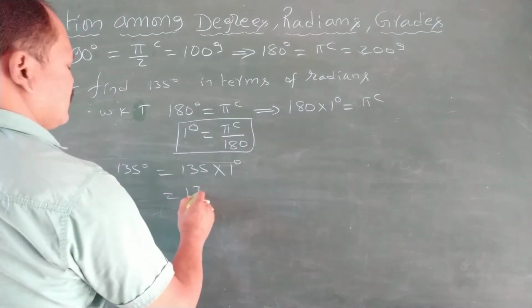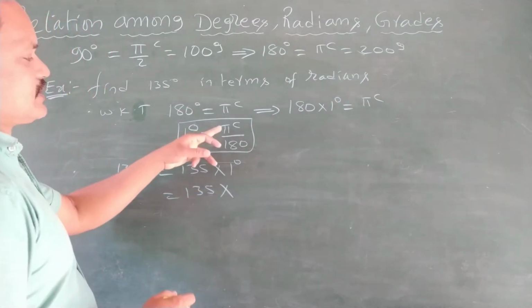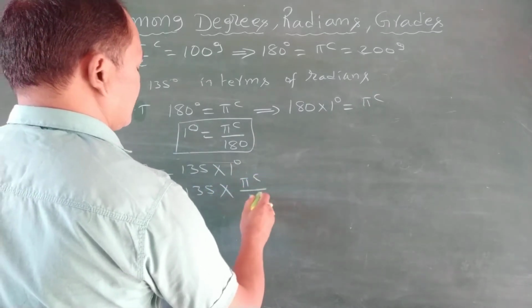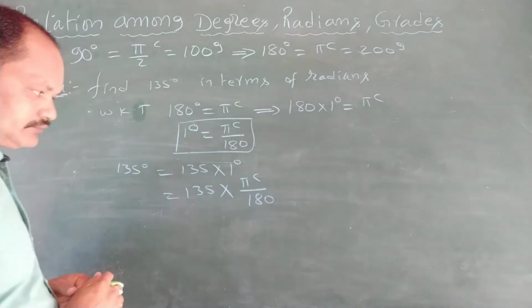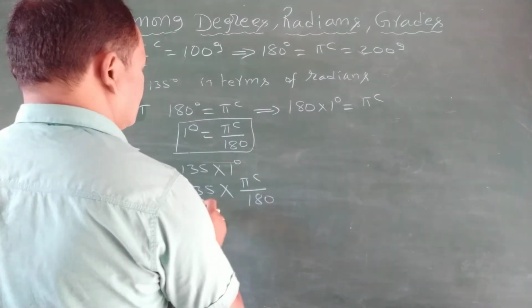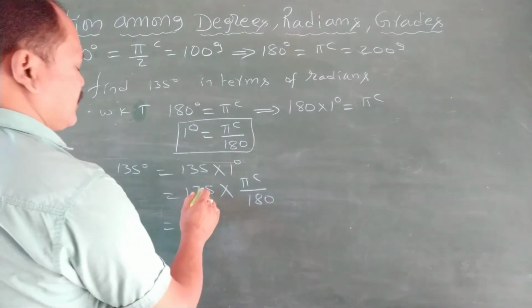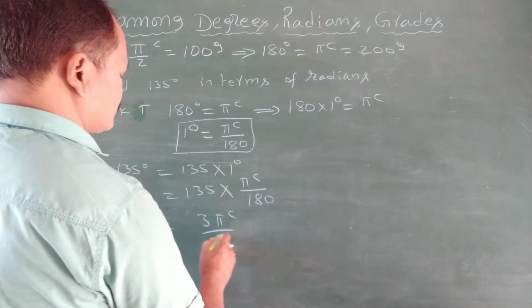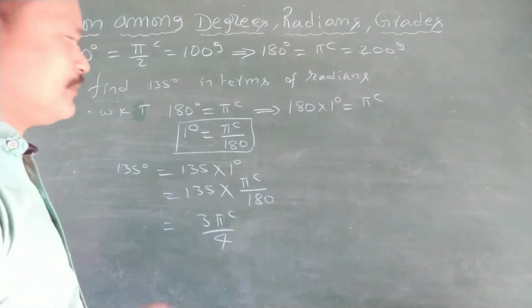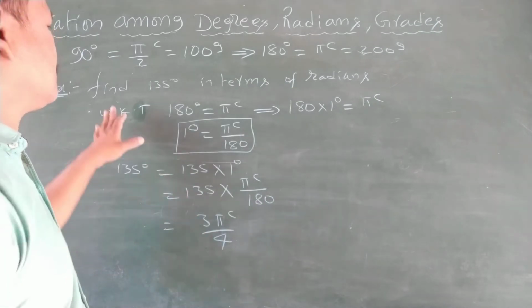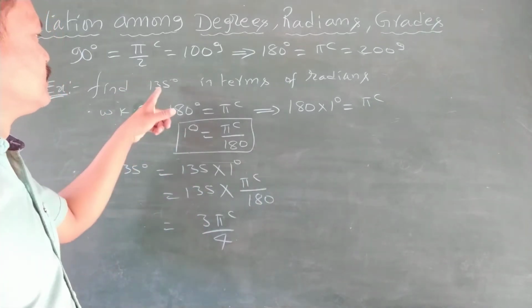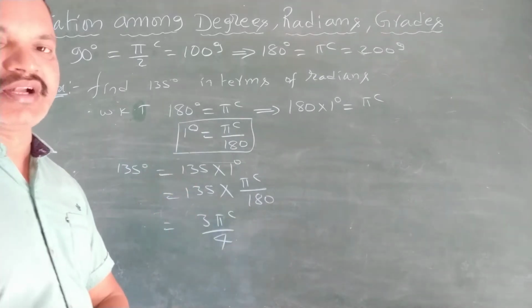In place of 1 degree, we have to write pi radians by 180. Here 45 threes, here 45 fours. That's why 3 pi by 4 radians. 135 degrees in terms of radians is equal to 3 pi by 4 radians.